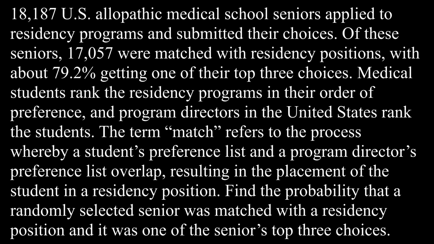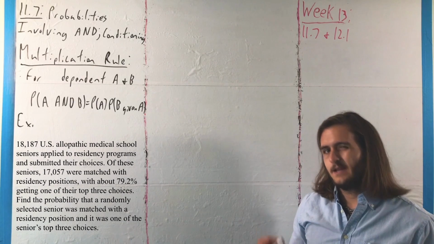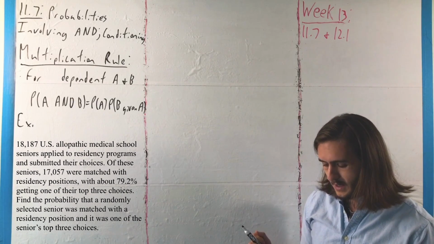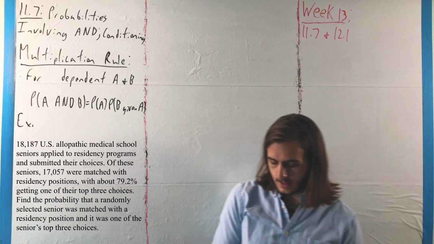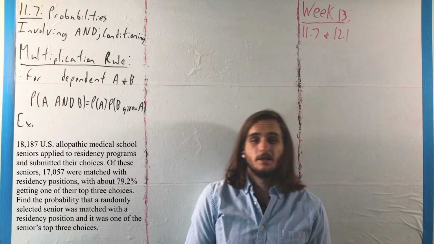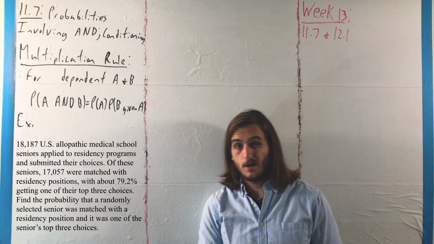Find the probability that a randomly selected senior was matched with a program and it was one of their top 3 choices. In this case, for the sake of saving a little bit of space, I'm going to let A refer to a student being matched and B being the student being matched given that the match was a top choice, because I've already had to say too many words here and I don't trust myself to write them as well.